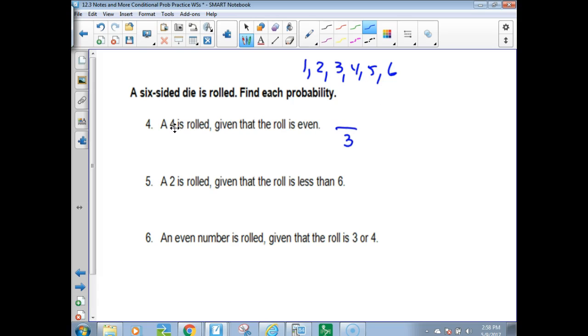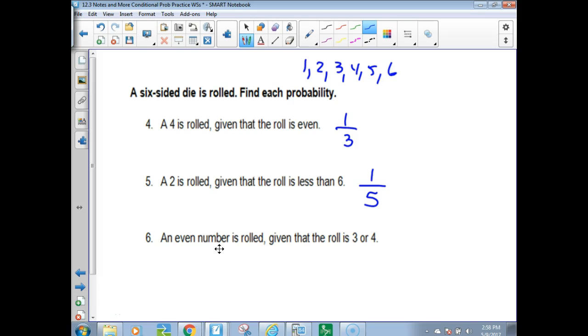And how many of them are the number 4? Only 1, so 1 in 3. What's the probability a 2 is rolled, given that the roll is less than 6? How many numbers are less than 6? 5. The probability that a 2 is rolled would be 1 out of 5.